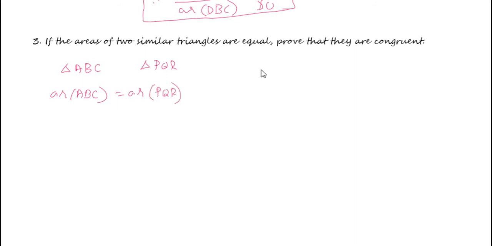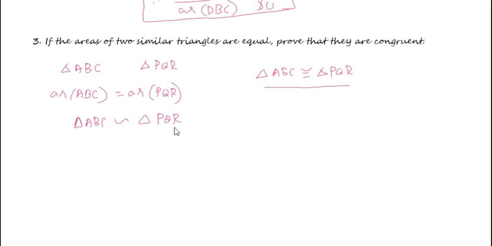We need to prove that triangle ABC is congruent with triangle PQR. And also given is that triangle ABC is similar to triangle PQR. Two triangles are similar and their areas are equal. We need to prove that they are congruent.